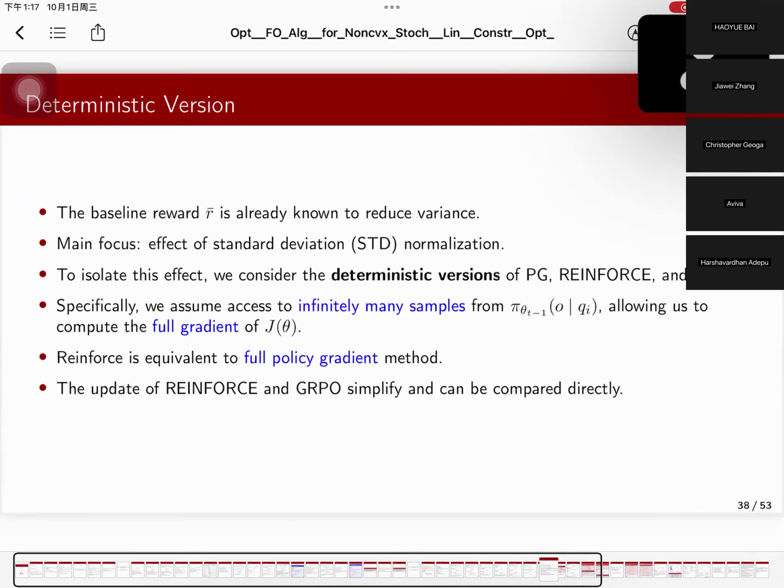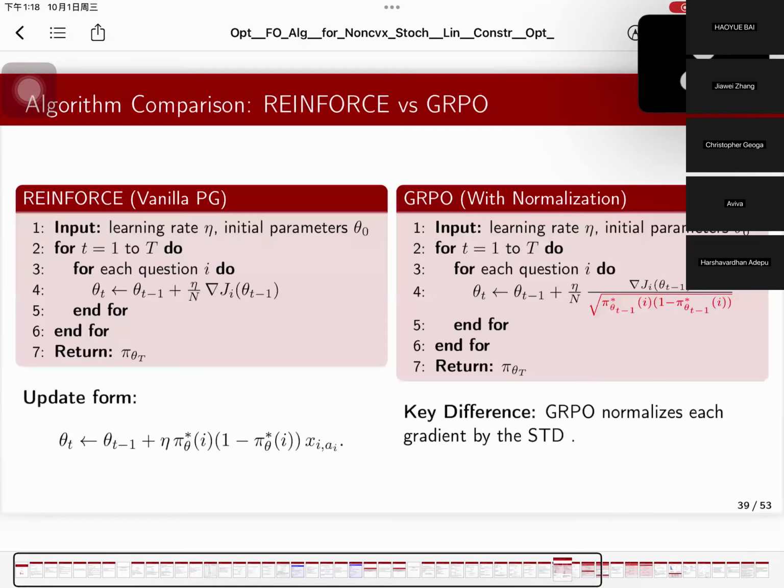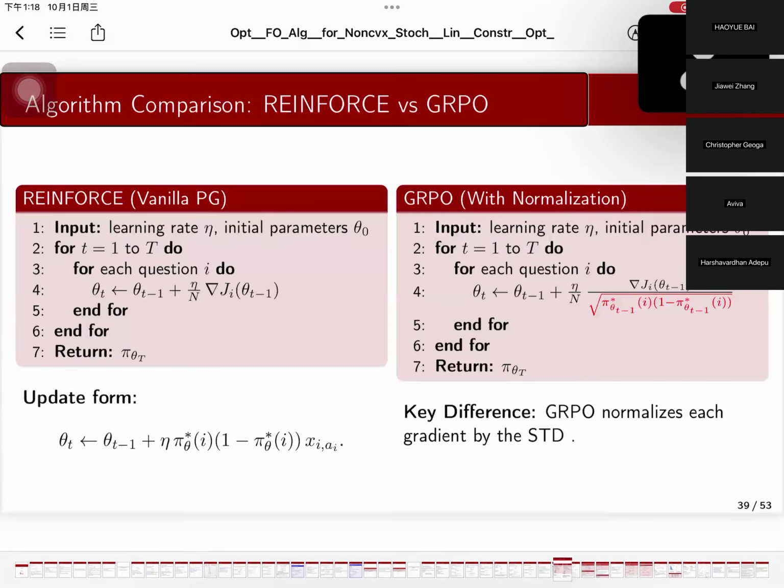So we consider the deterministic case. We have infinitely many samples. We can also compute the full gradient for the objective function. So this is a comparison of these algorithms. Now REINFORCE and policy gradient become the same. And the second one is GRPO.